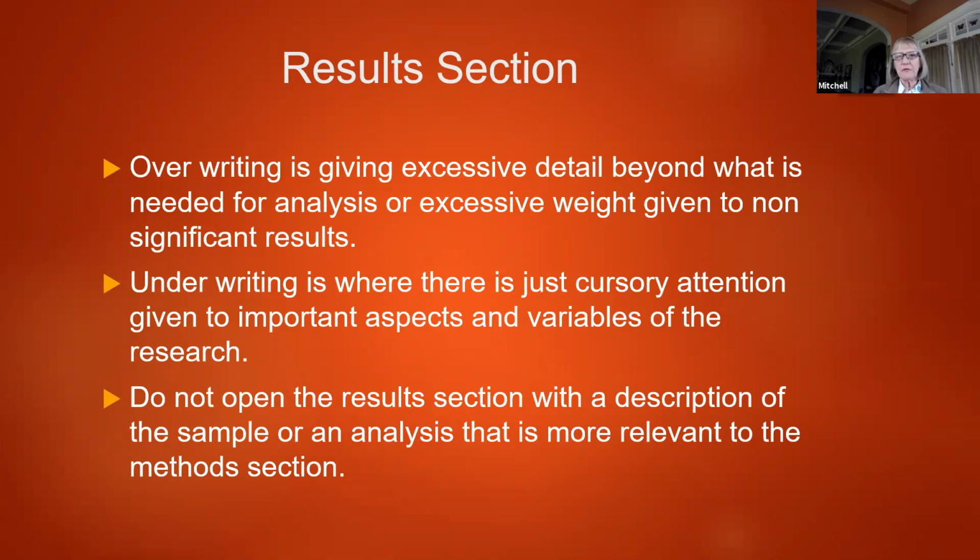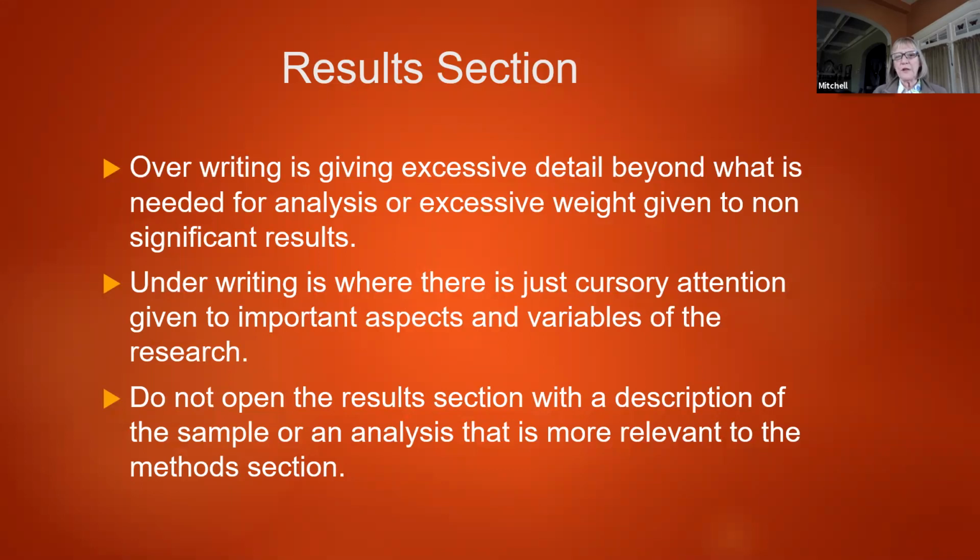Overwriting is giving excessive detail beyond what is needed for analysis, reporting, or excessive weight given to non-significant results. Underwriting, on the other hand, is where there just is very superficial attention given to important aspects and variables of the research. And it says, do not open the results section with a description of the sample.